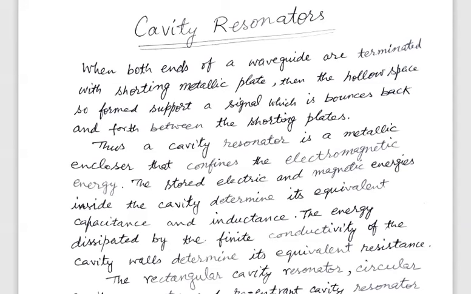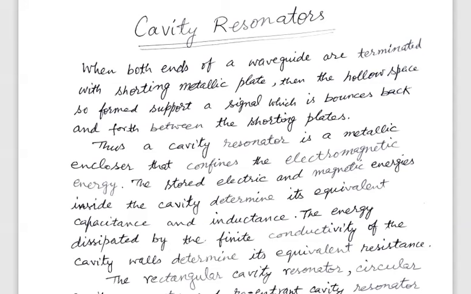Previously we have discussed the rectangular waveguide and cylindrical waveguide. A waveguide is a hollow structure, and when both ends of the waveguide are terminated by shorting with metallic plates, then this hollow space formed will support a signal which bounces back and forth between the shorting planes.